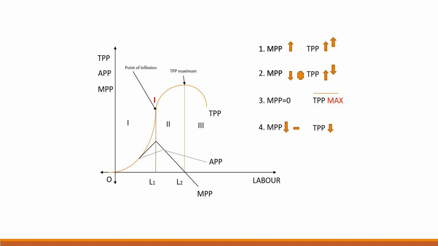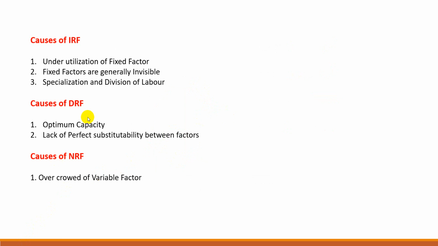Now let us know why these stages occur. What are the causes of increasing returns to a factor? The first reason is underutilization of the fixed factor.